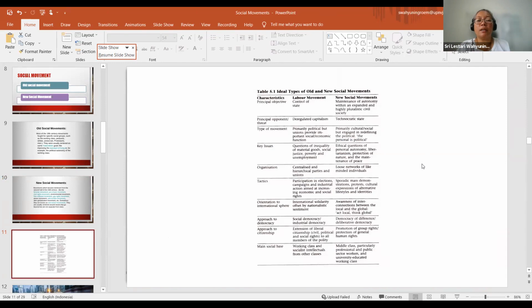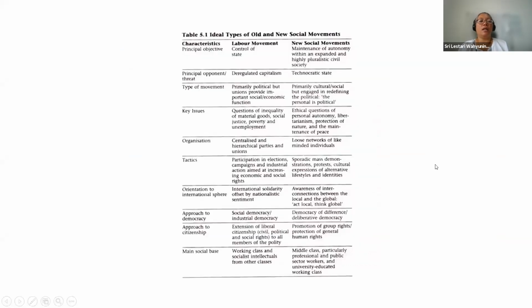So this is kind of like ideal types of old and new social movements. If you want to differentiate between the two, you can look at some characteristics of the two types of movements: the principal objective, the opponent or threat, the type of movements, key issues in each movement, the organization of the movements, tactics used, the orientation to the international sphere, approach to democracy, approach to citizenship, and main social base.